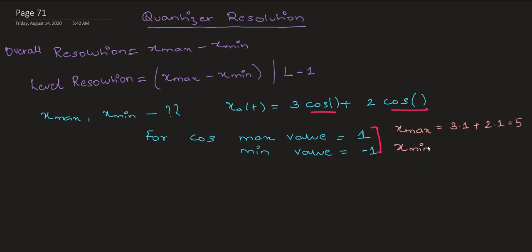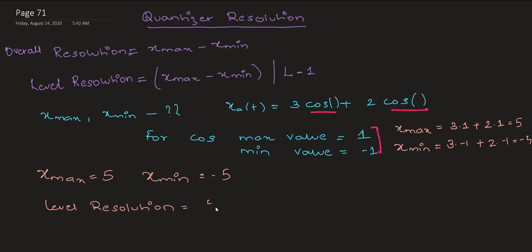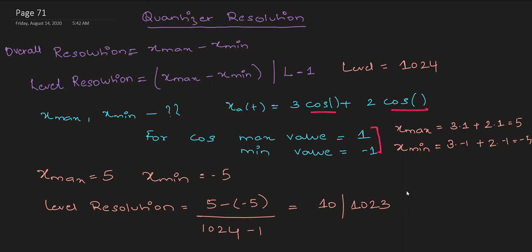When x of t becomes x max, both the cos have to have maximum value, and for x min, both cos have to have a minimum value of -1. So for x min I'm getting -5, and for x max I'm getting +5. Now my level resolution is given by 5 minus (-5), this is 10, divided by 1024 minus 1, this is 1023. So that is for today's class. Thank you.